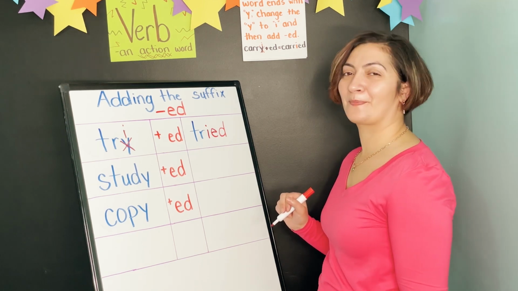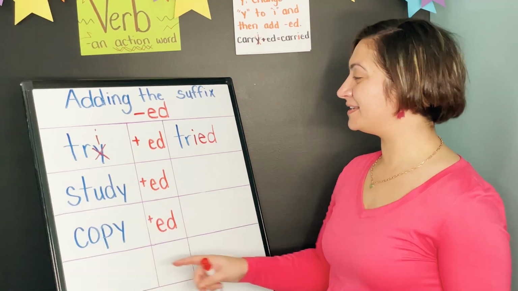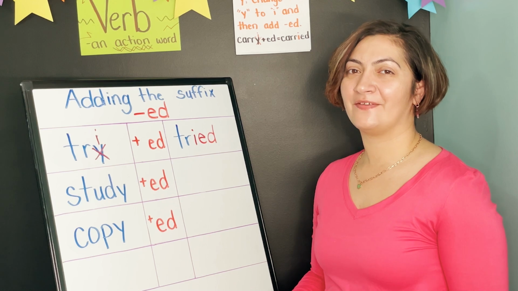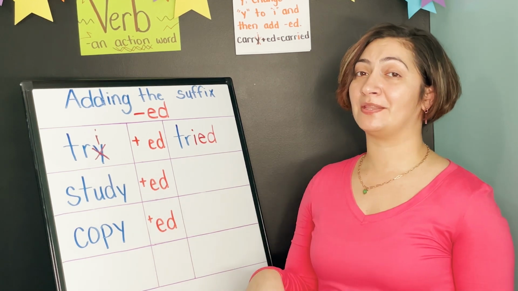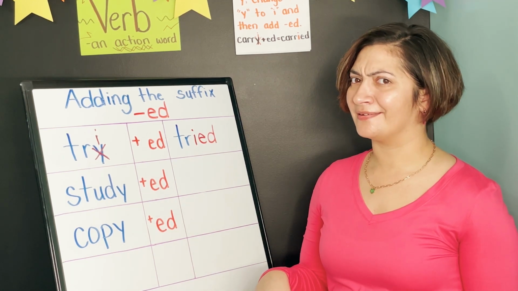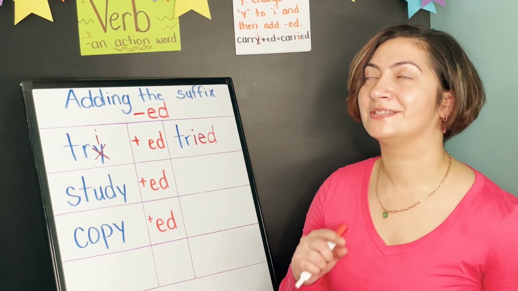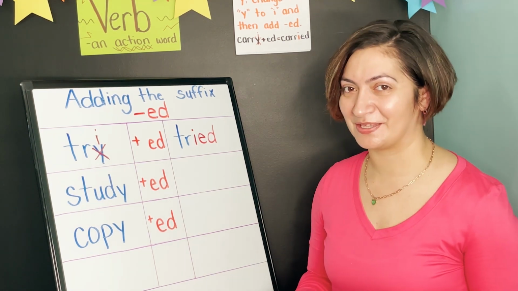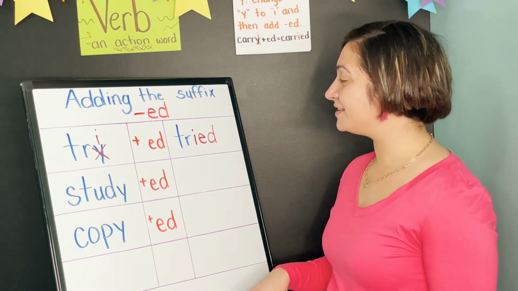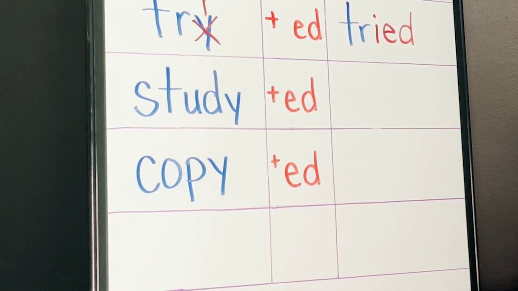All right. Our next word is study. If you are going to study your spelling words, that's a good idea, right? If you already did it, you studied your spelling words. Nice. All right, so study ends with what letter?